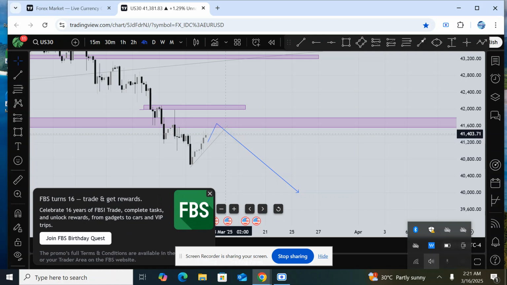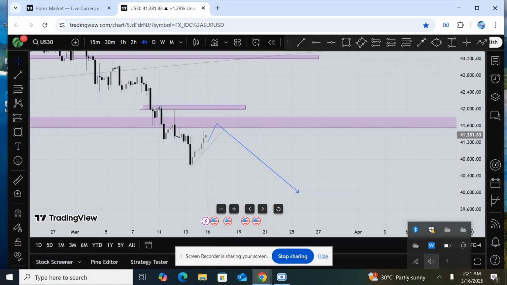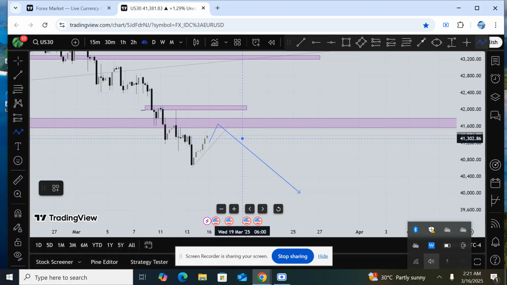But if that does not happen, the market decides to follow the upside direction. Guys, let me use my indicator line. If US 30 gives us something like this, maybe bounces off here, takes it here again, and then gives us a break right about here, I'm going to cash US 30.